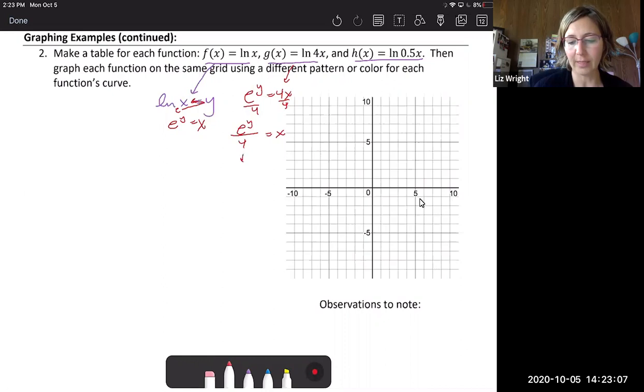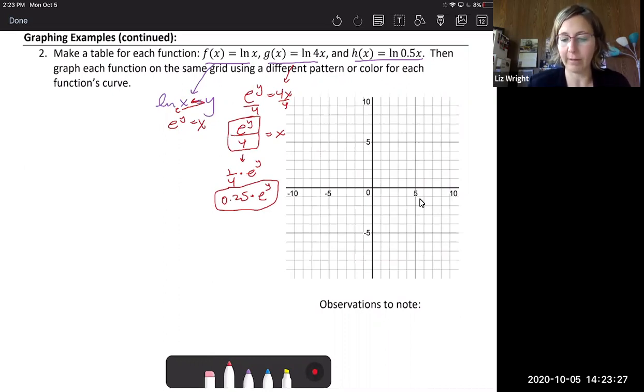Think about how this is like 1/4 times e to the y, which is 0.25 times e to the y. Either put it in your calculator like this, or like that. Your choice for how you'd like to work with it in your table of values.